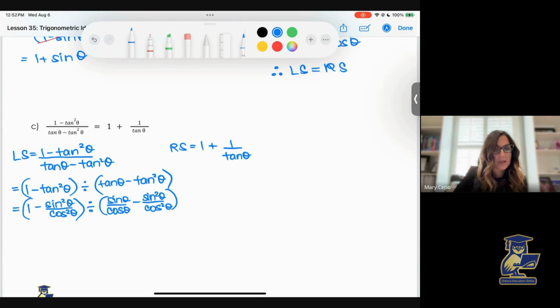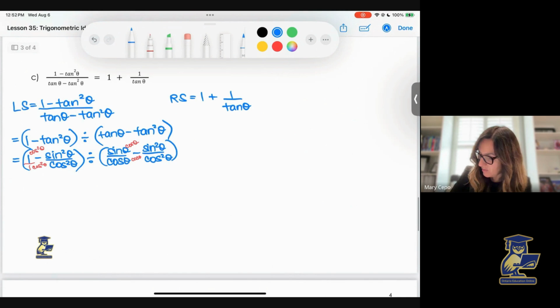Okay, so then we need a common denominator. Here it would be cos squared theta. There, the common denominator would be cos theta, just like any other fraction. These just have trigonometric ratios in them, but when you're adding or subtracting fractions, you do need to have that common denominator.